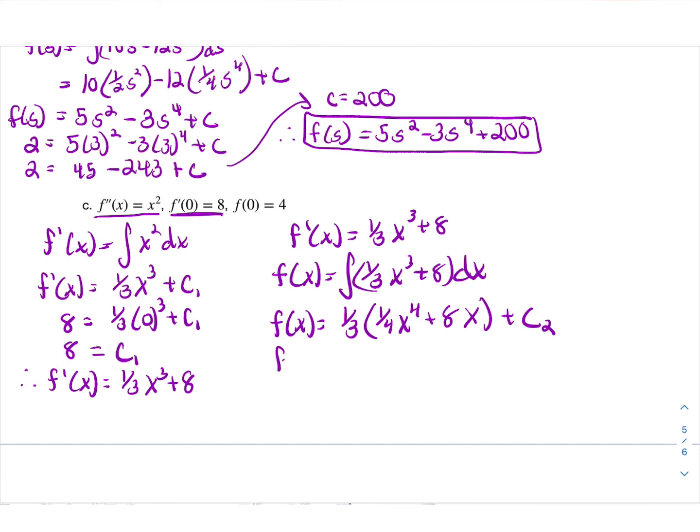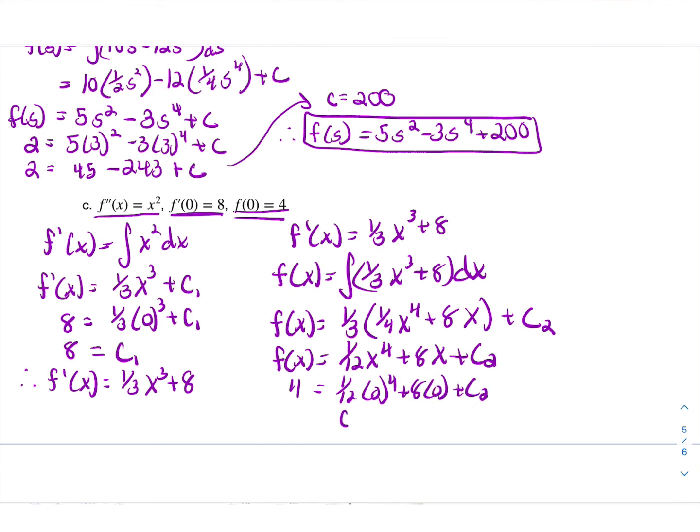So f of x is equal to 1/12 x to the 4th plus 8x plus c2. Now to find c2, I'm going to use my second initial condition for the original function, replacing f of x with 4 and x with 0. And I end up that c2 is equal to 4. So therefore, my conclusion is the original function that meets these conditions is the function 1/12 x to the 4th plus 8x plus 4.